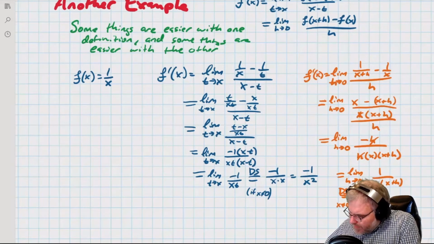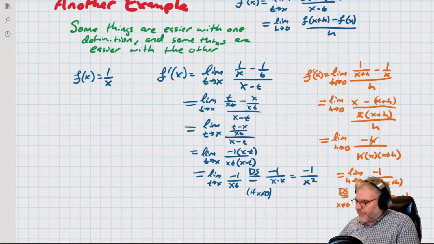And I just plug this in, and I wind up with 1 over x times x plus 0, which equals 1 over, sorry, there's a negative there that I lost, negative 1 over x squared.